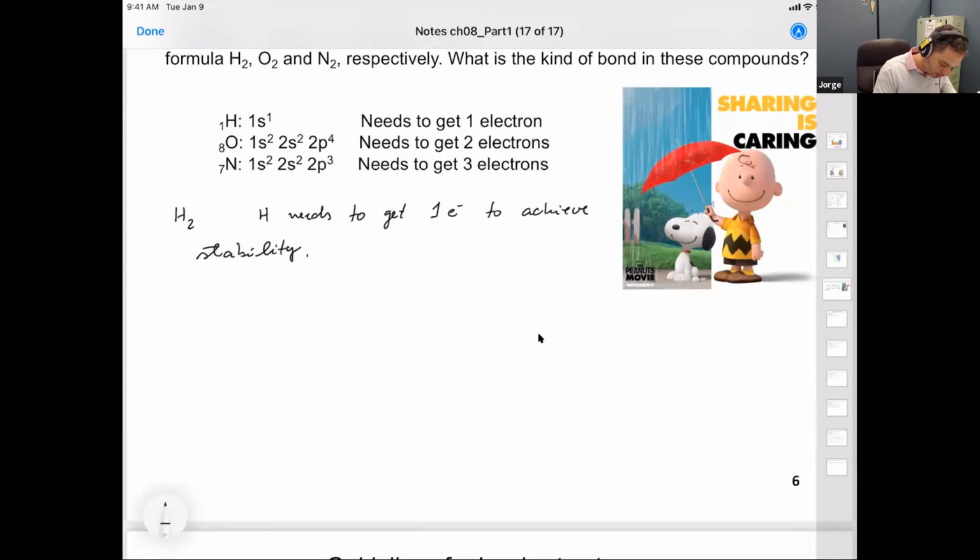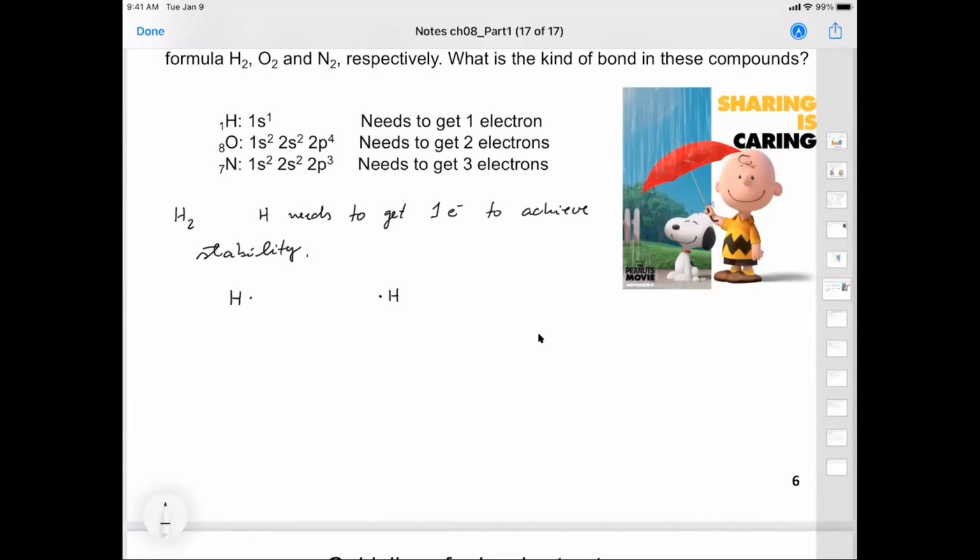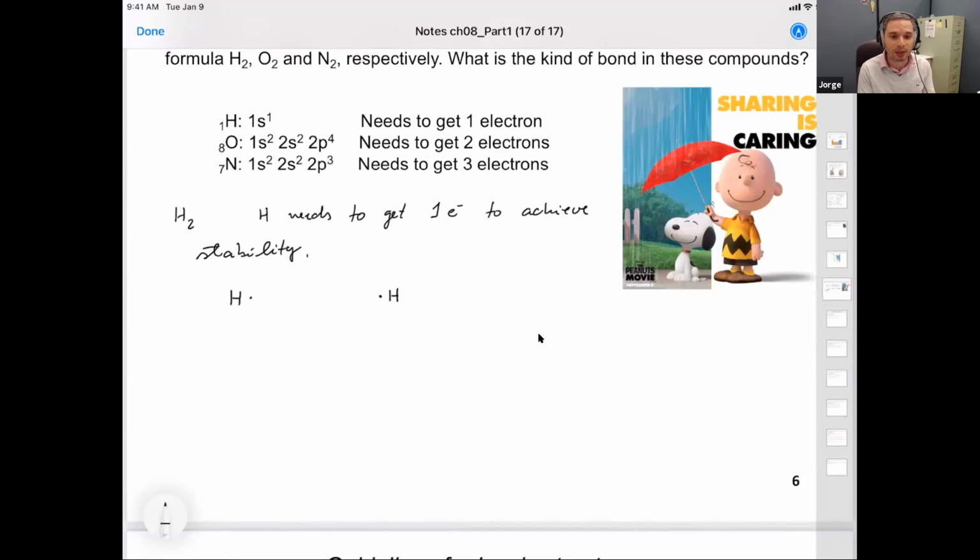So imagine here that we have a hydrogen atom isolated. The lone electron that hydrogen has, I'm going to represent by a dot. And we have another hydrogen atom that also has a lone electron that I'm representing here by a dot. One hydrogen needs to get 1 electron to achieve stability, and the other one also needs to get 1 electron to achieve stability.